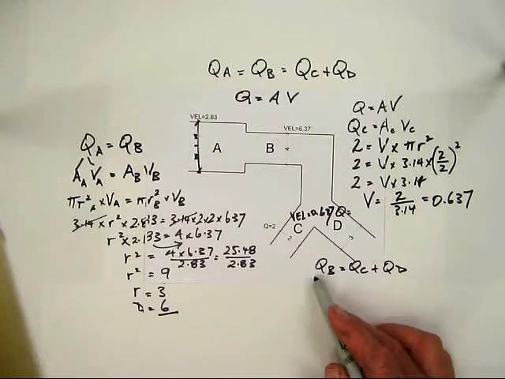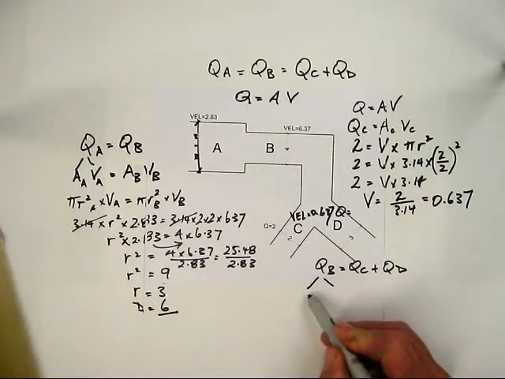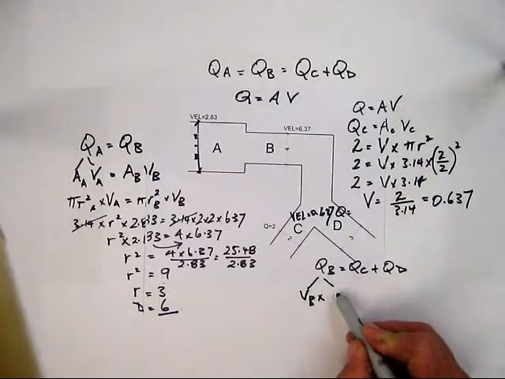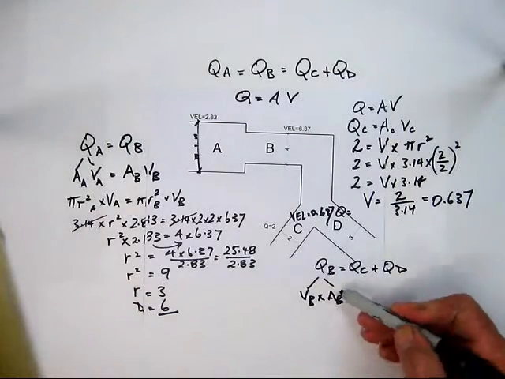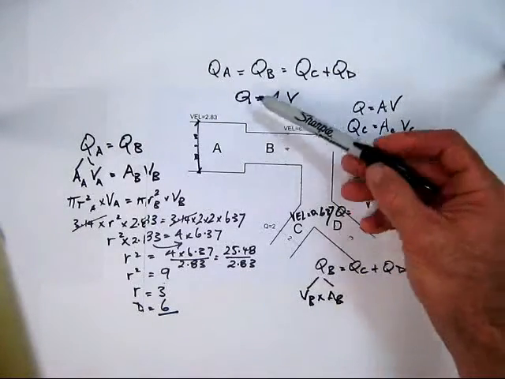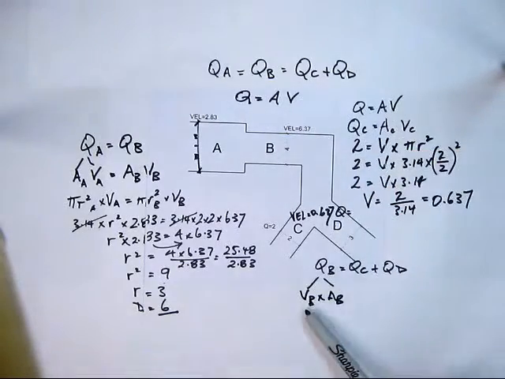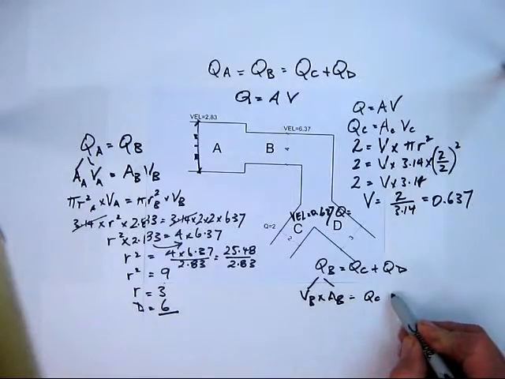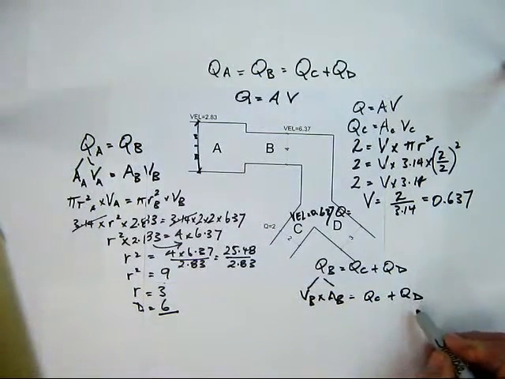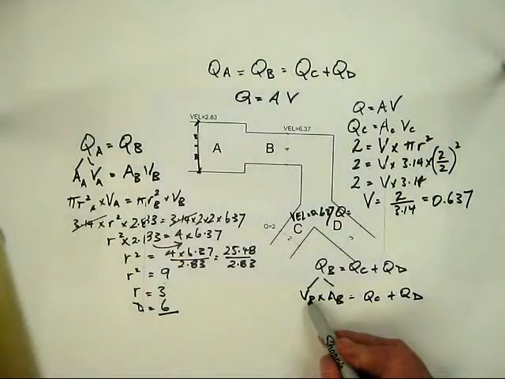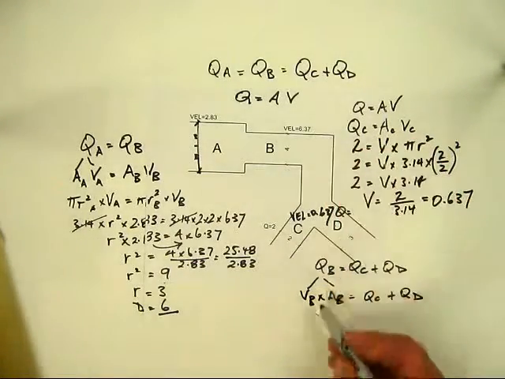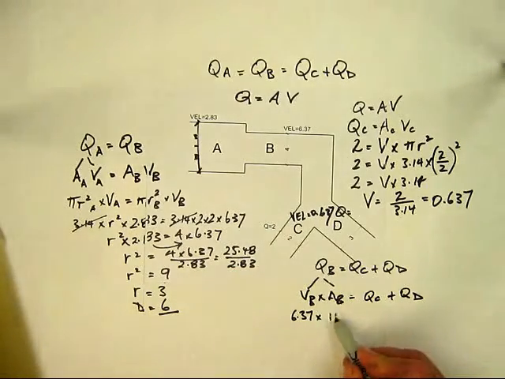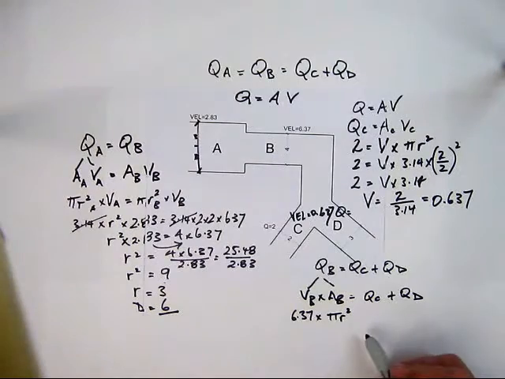So the information we've got here for B is that the velocity of B multiplied by the area of B is equal to the flow rate at B. So the flow rate equals area times velocity, and that's equal to the flow rate at C plus D. And we know that the velocity at B is 6.37 multiplied by the area at B, which is pi r squared, so we'll just substitute that there.